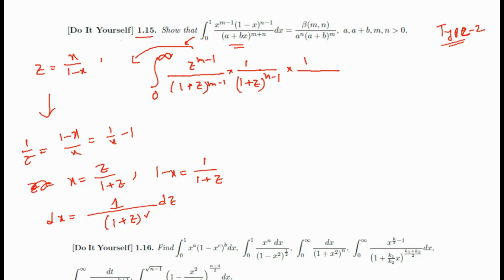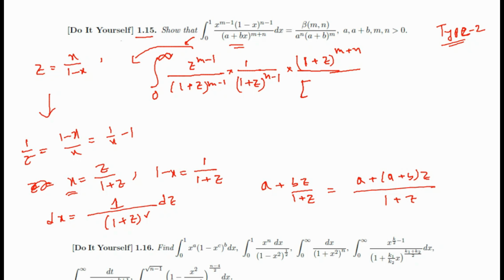Let's see from here, a plus b z by 1 plus z, and ultimately we will get (a plus b z) by (1 plus z) in the denominator, (1 plus z) power m plus n by (a plus b z) power m plus n, and now dx.